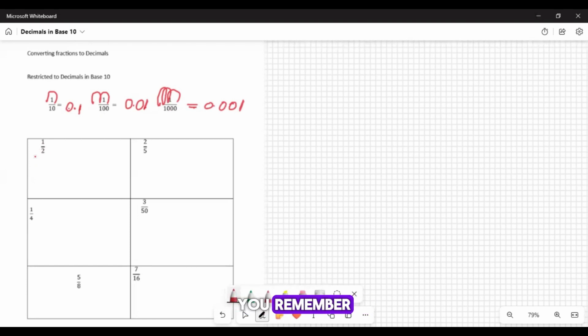So I've seen half, and with half, there's a possibility for me to get 10 as a denominator. You remember when we were doing the equivalent fractions, we said that we can manipulate such that we get the denominator that we want by not really changing the fraction, but getting its equivalent. So that is the same rule we are going to apply here. I can get 10 in 2.